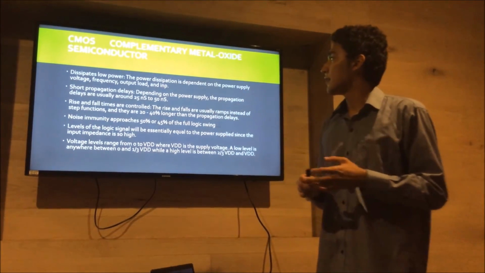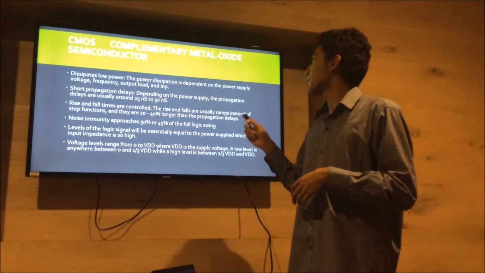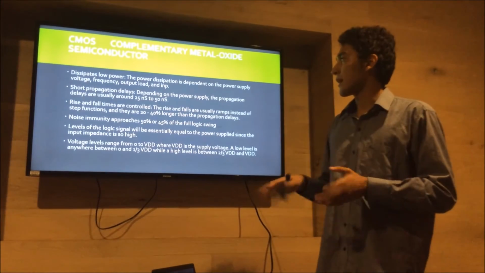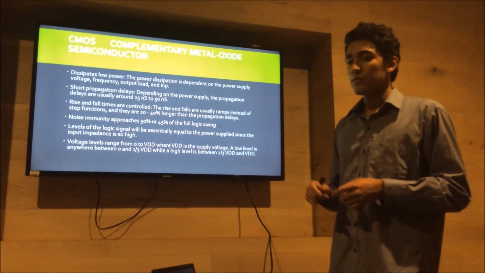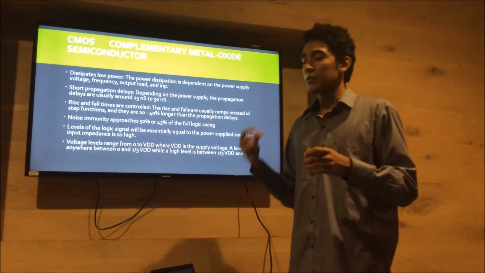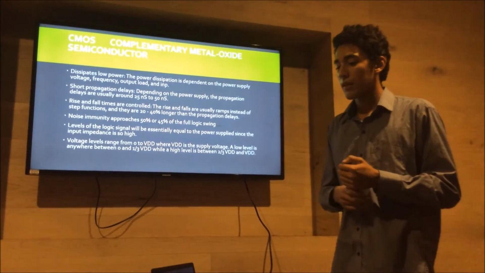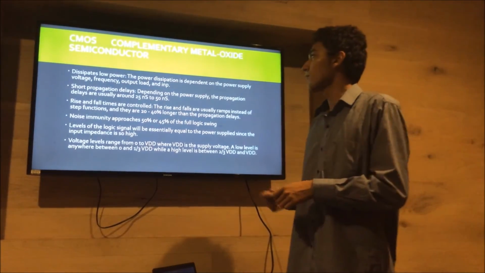Short propagation delays, which depend on the power supply. The propagation delays are usually around 25 to 50 nanoseconds. So it's faster.